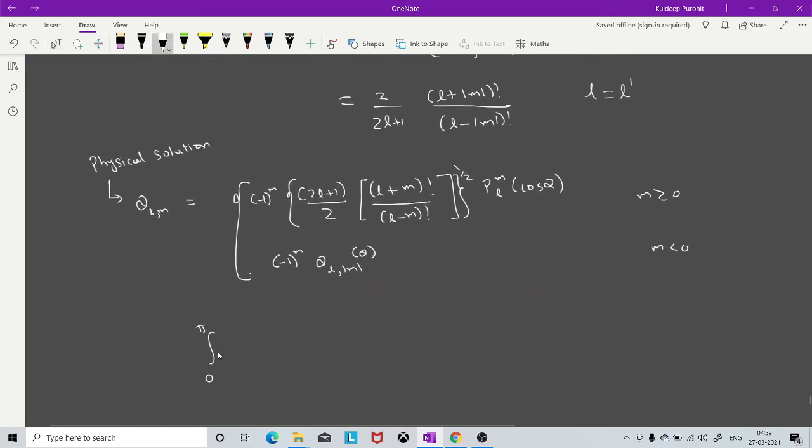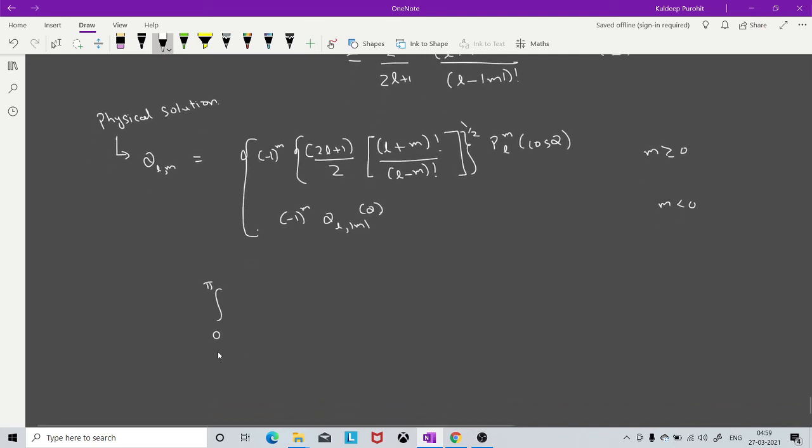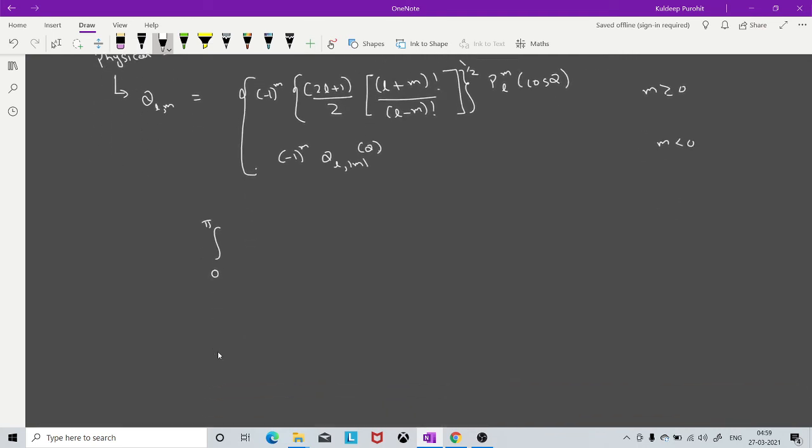So now I can change the limits of integration from 0 to pi, and it is theta L prime m star into theta L m.